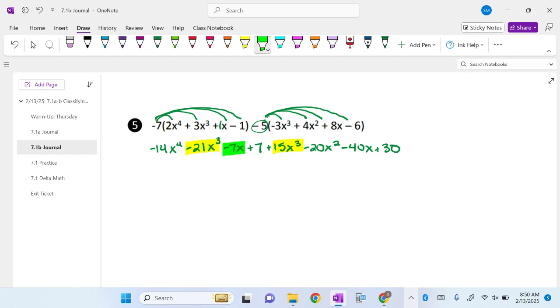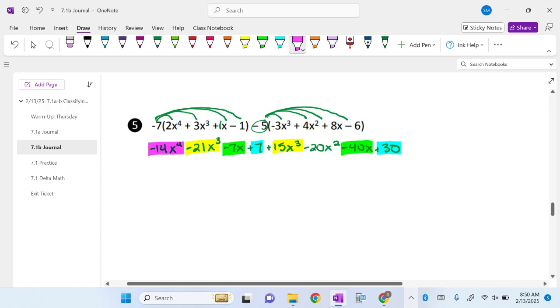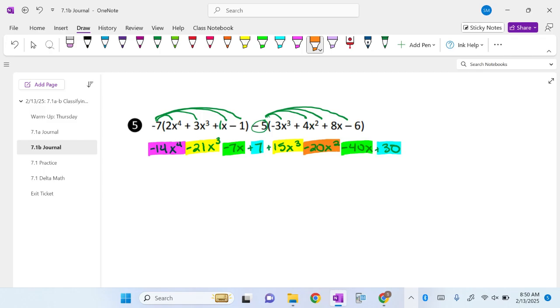Negative 7x, negative 40x. What's another set? 7 and 30. Do I have any more sets of like terms? No. So that means the negative 14x to the fourth is on its own. The negative 20x squared is on its own. But you still got to bring it down. So it's still important to know that, oh, it's still there.